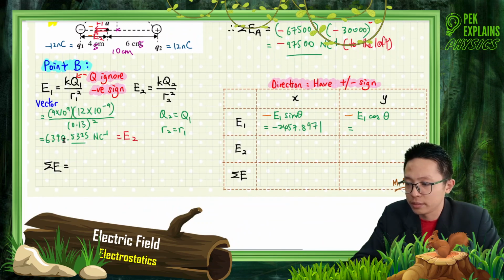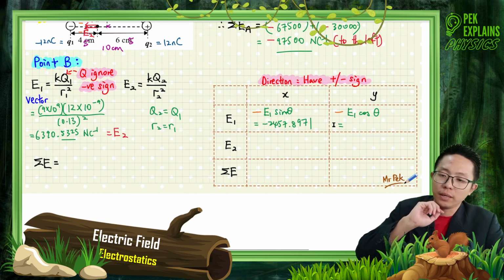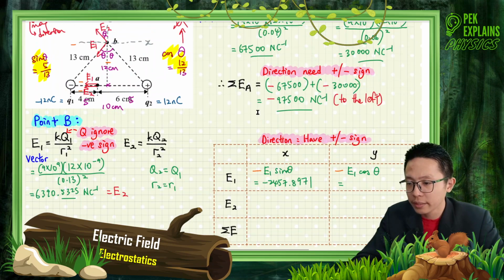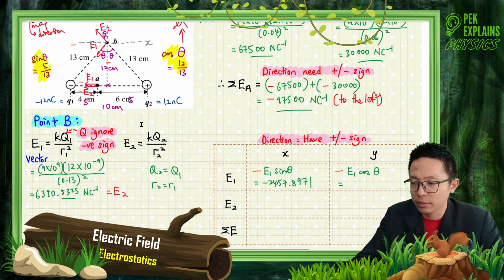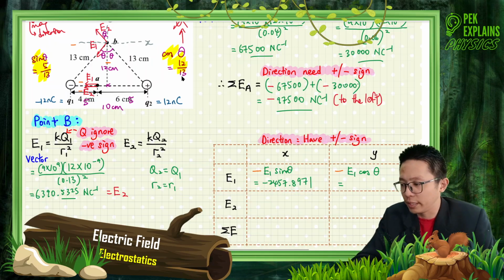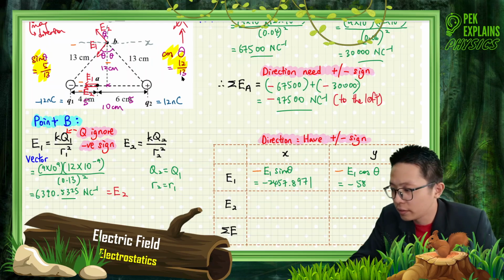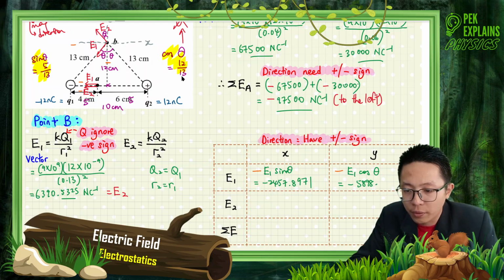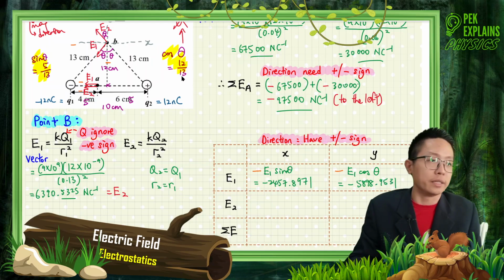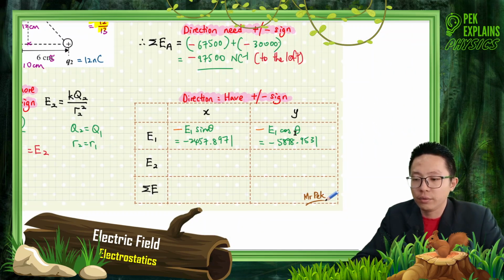E1 is 6390. Multiply 6390 with the cos theta 12/13 and you will get negative 5898.9531. Now we've solved E1.